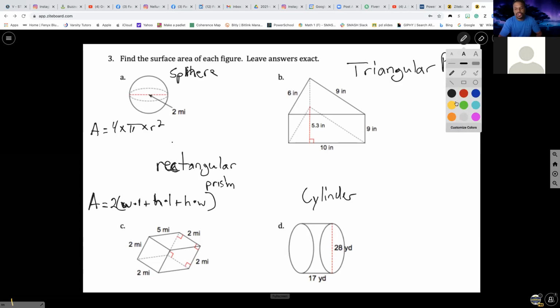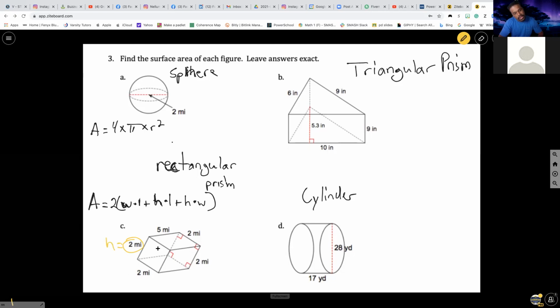Okay, and so for this problem, you need to figure out what is the width, what is the height, what is the length. But that's not hard, okay? So if we look at it, we see that this right here, well, that could be both the width and the height.